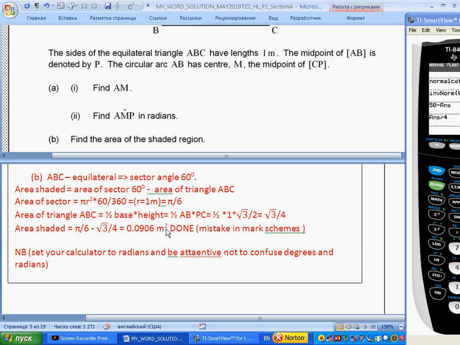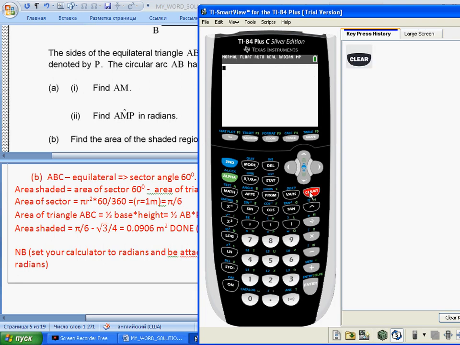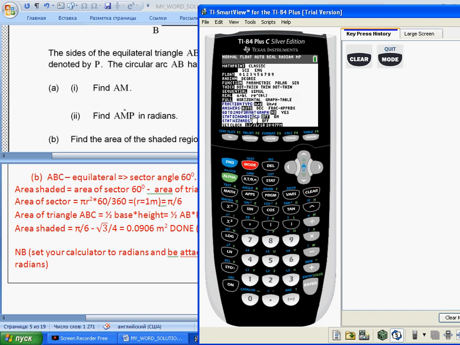Right. So here I want to say that you should be very attentive about degrees and radians. I recommend you set your calculator to radians. How to do it? You press mode and you find this third line.